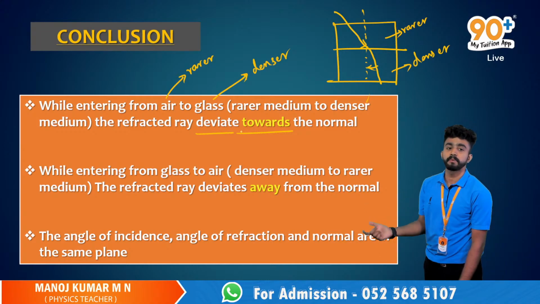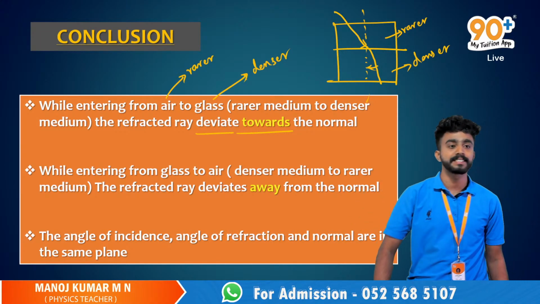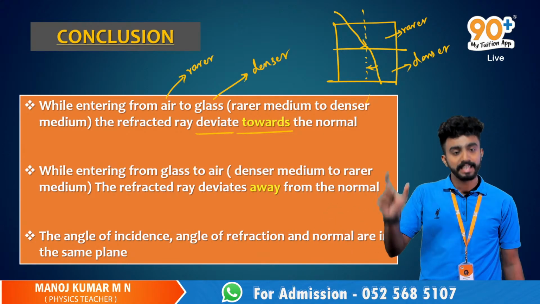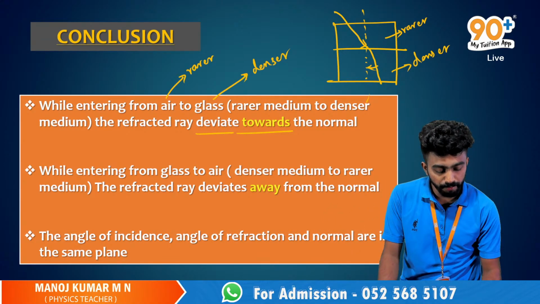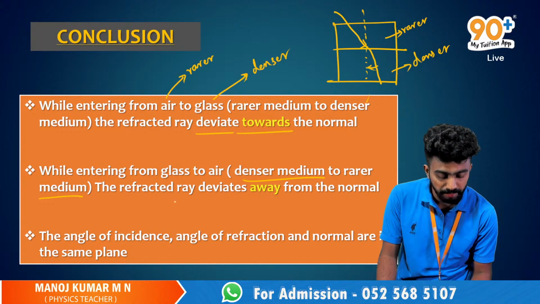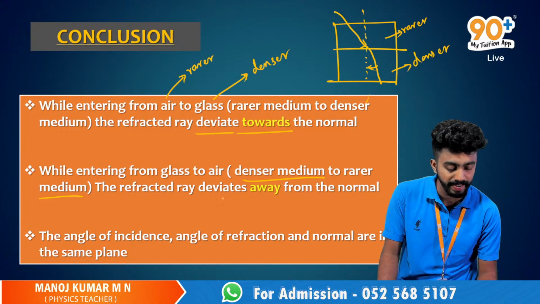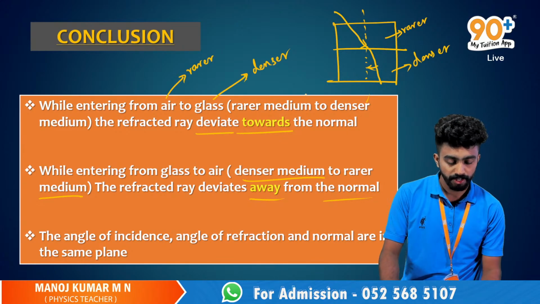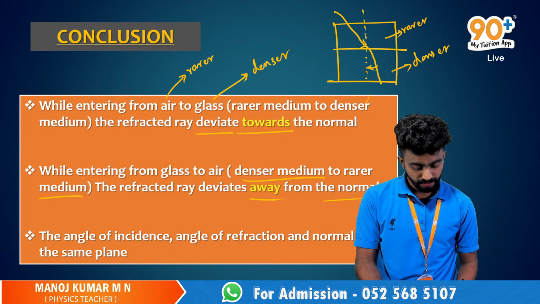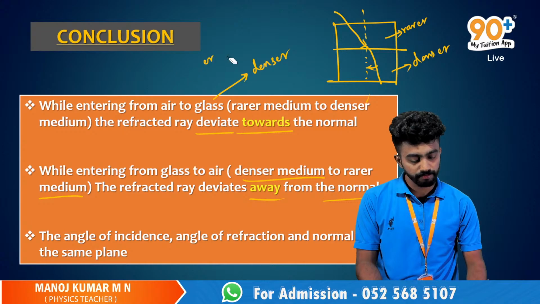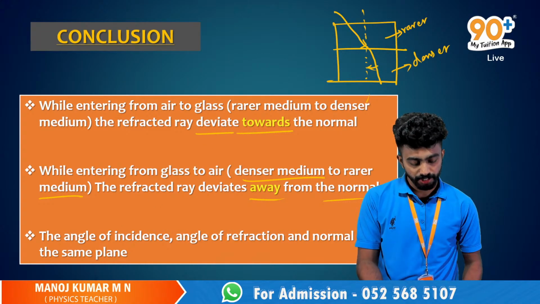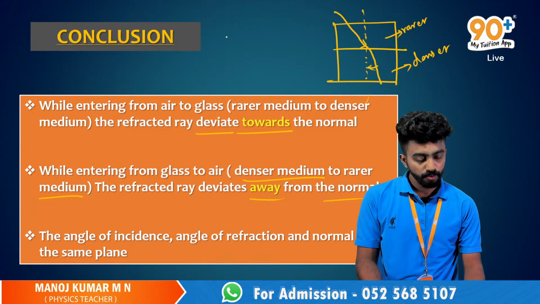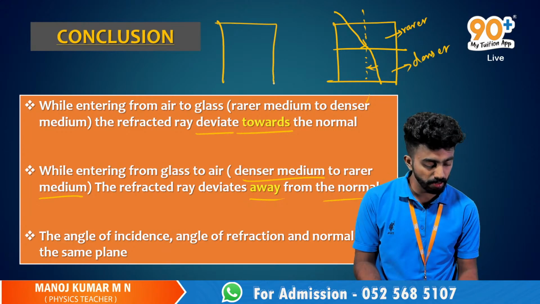While entering from glass to air, glass is more dense, right? Air is less dense. So that is from denser medium to rarer medium. In that case, the refracted ray deviates away from the normal.